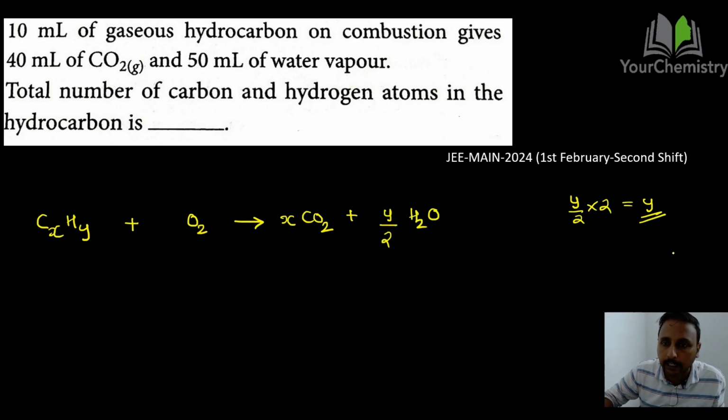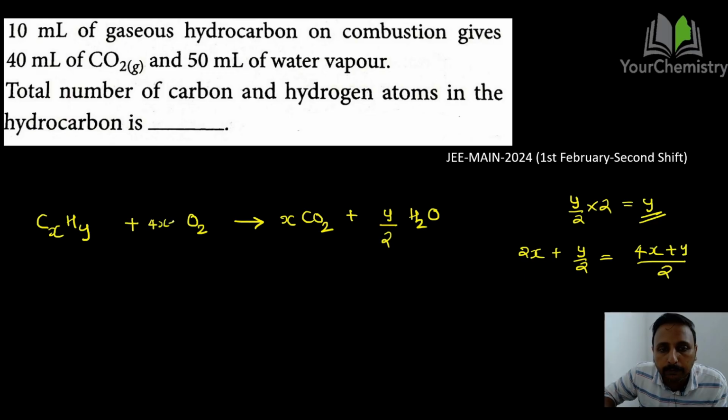Now see very carefully, oxygen we need to balance. If you count the number of oxygen atoms on the product side, from the carbon dioxide it is 2x and from the H2O, y by 2 into 1, that is y by 2. So total is 2x plus y by 2. So I need to put here (4x plus y) divided by 4.